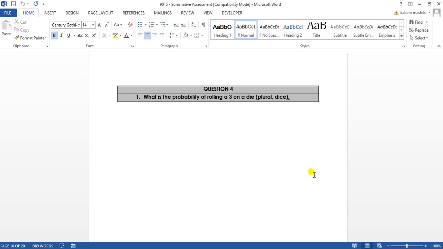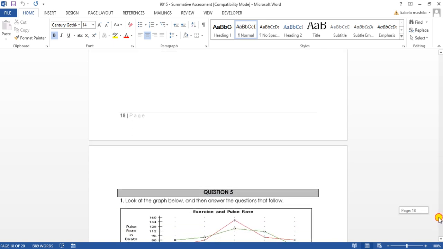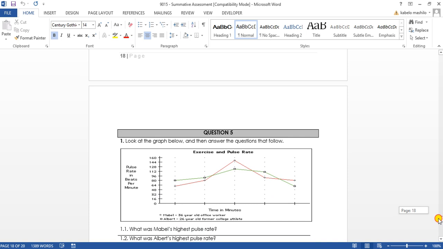I assume it's your normal dice. So if we roll it 3 times, what will be the probability if we have 6 numbers? What will be the probability of those numbers, the outcome, the event?